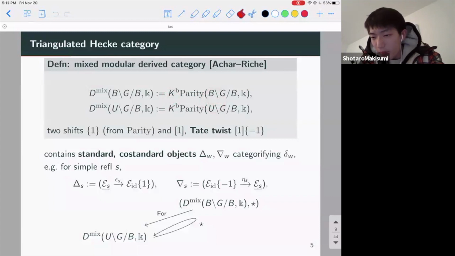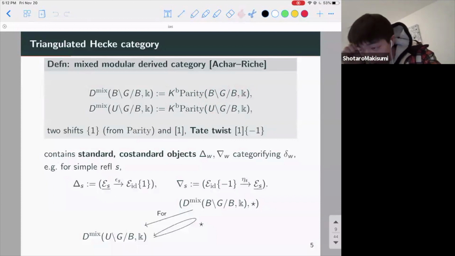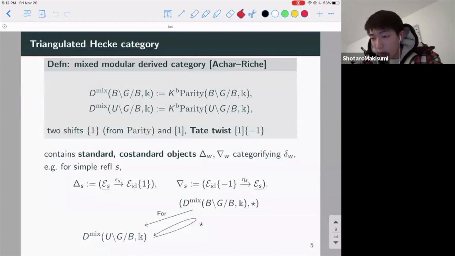So in this category, already parity complexes are objects in the derived category, and so they have a cohomological shift. But also you've taken complexes of those, and so you have another new cohomological shift. And some combination of this has the features that deserve to be called a Tate twist.